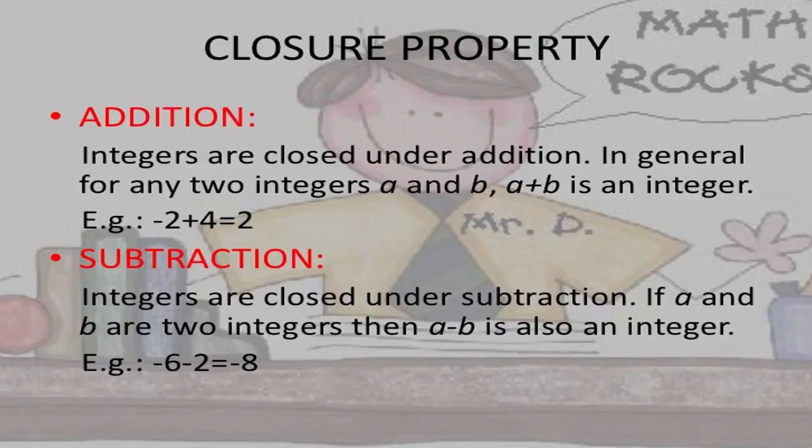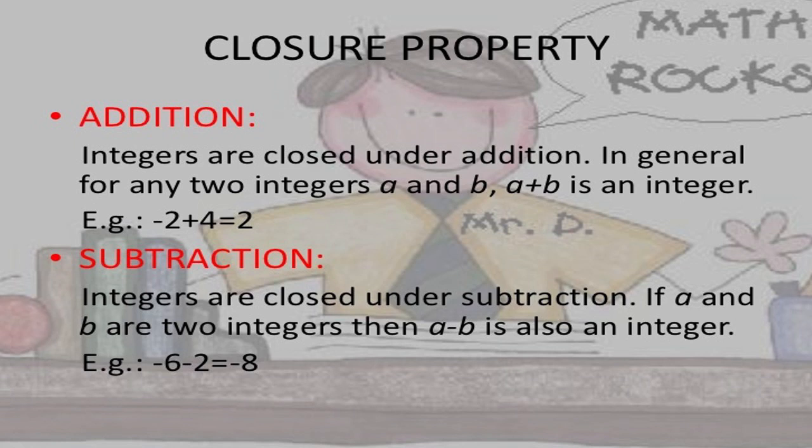Closure property. Closure property for addition: integers are closed under addition. When we say integers are closed under addition, what does it mean? It means if there are two integers and their sum is also an integer, then we say that it is closed. So integers are closed under addition.